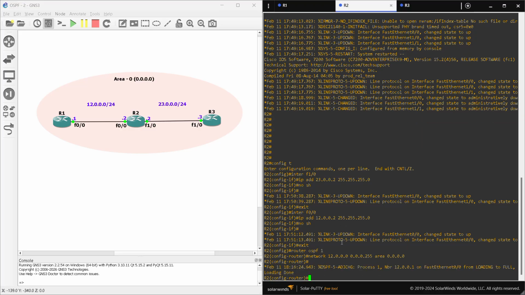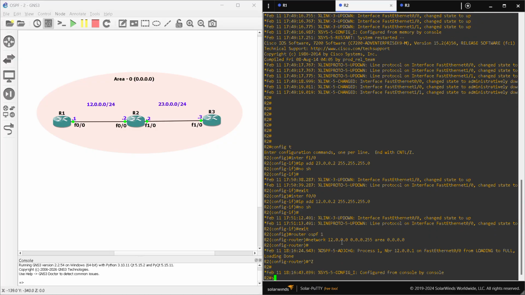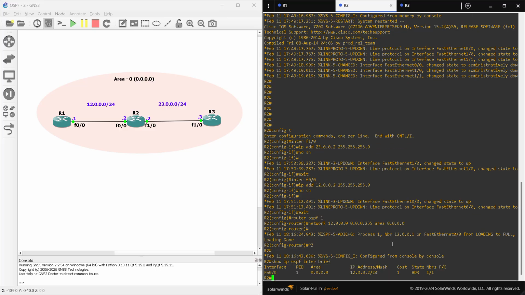Now let's check show ip ospf interface brief. As you can see, it tells us it has one neighbor. As we have configured this, they are in neighborship.